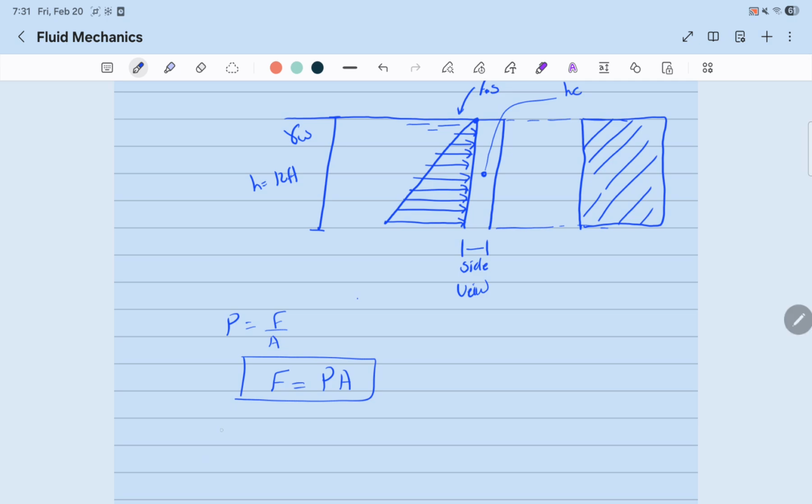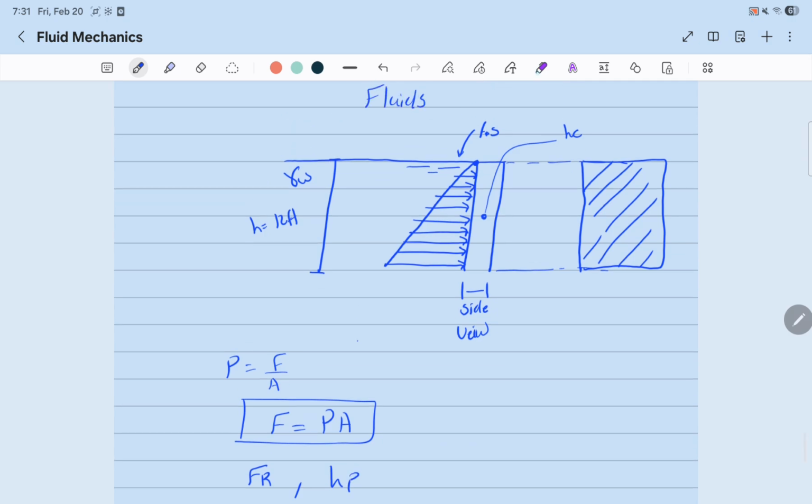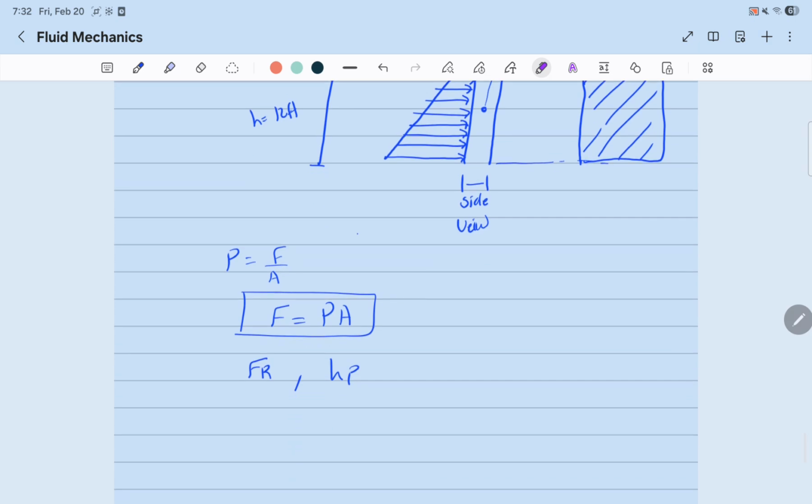Now, the point of this chapter is to find the sum of forces, which is called the resultant force, and also to find where that resultant force is happening. Usually the resultant force happens a little bit lower than where the centroid is, and that point is called the center of pressure, or HP. And that's for you to solve using this chapter.